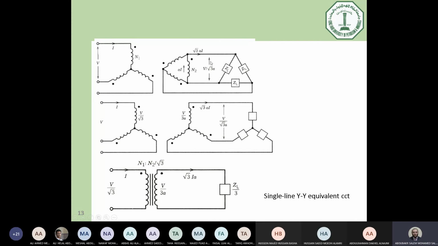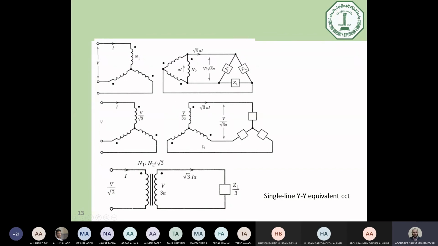If we need to convert this to delta connection, as you can see, the voltage here is the same. This is the physical voltage. However, the voltage on the phase itself here will be different. Why will it be different? Because we're now making a virtual connection.